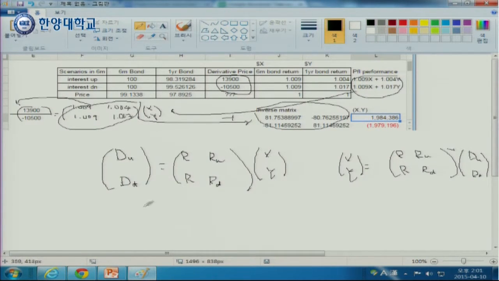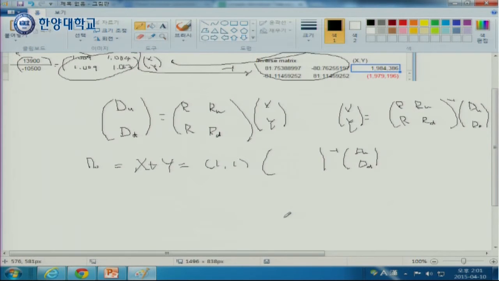And then the derivative price is x plus y. So this is the derivative price, d0. The derivative price is 1, and then the inverse matrix, this one, and du, dd, right? And then actually, let's compute this one.